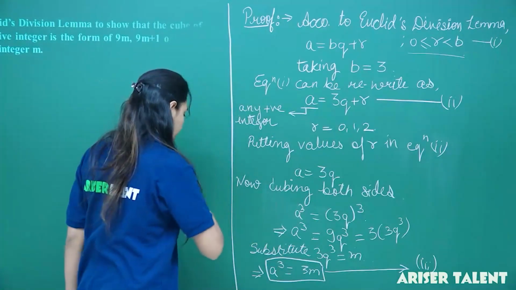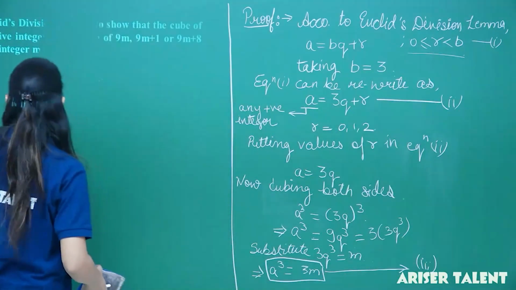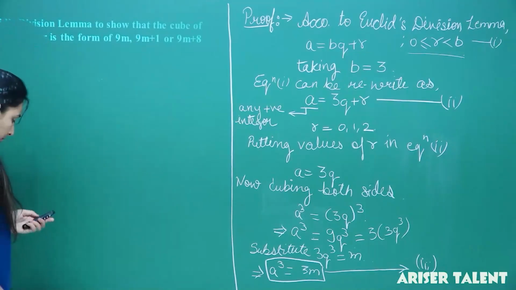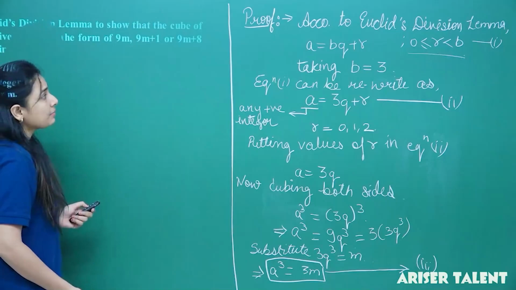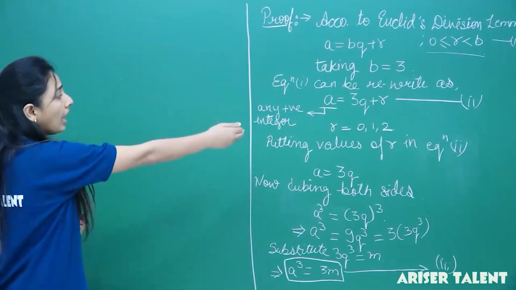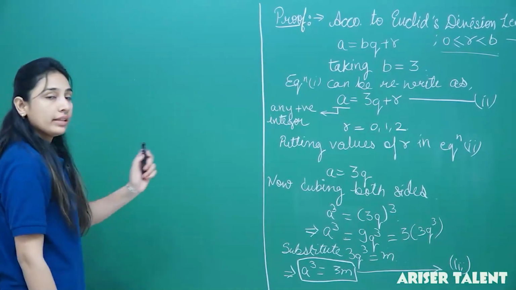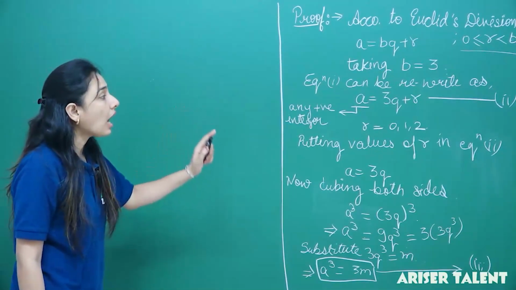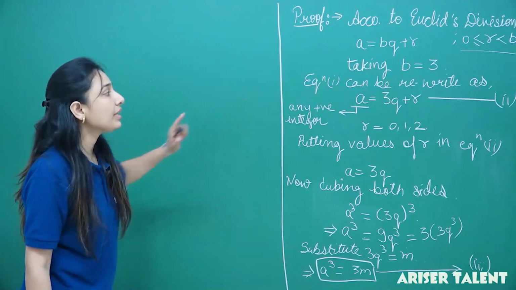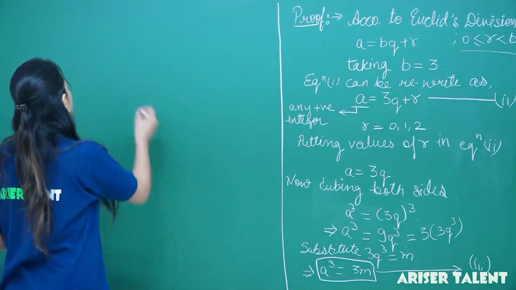Third. Now look at this part. We'll now substitute r equals 1. We have substituted r equals 0. Now we will substitute r equals 1 in the same equation, equation second.